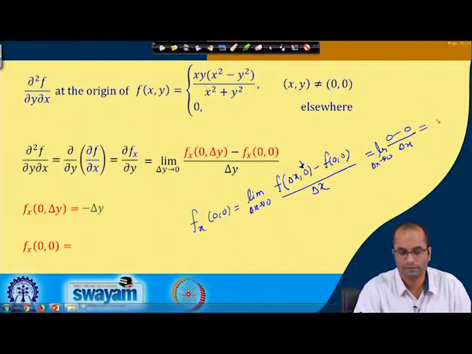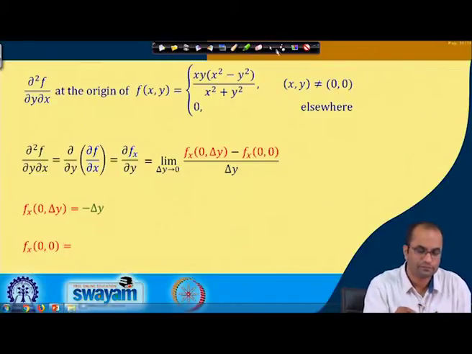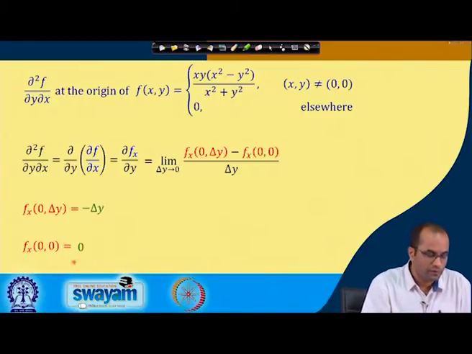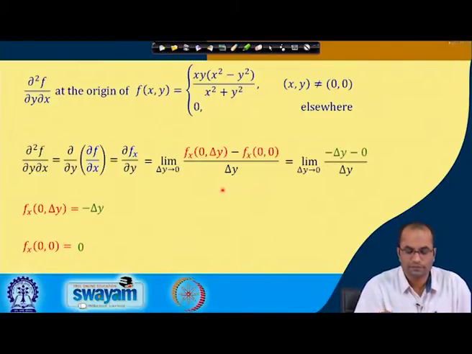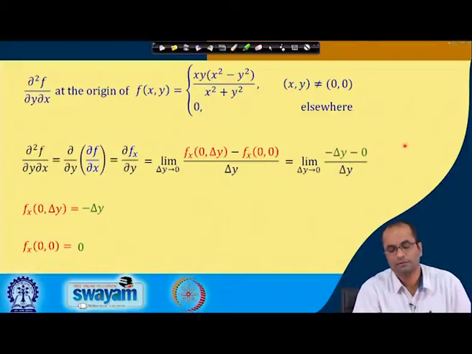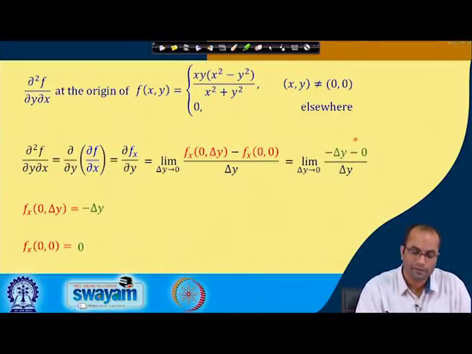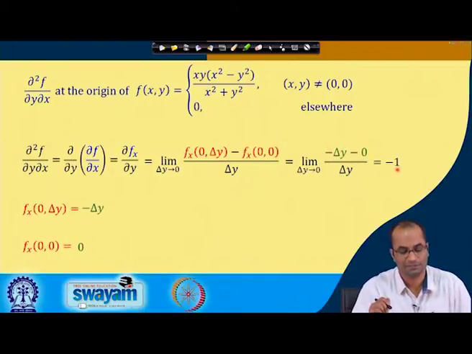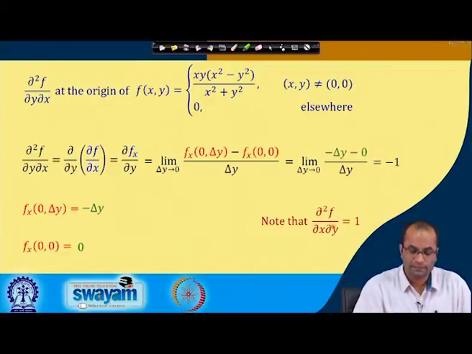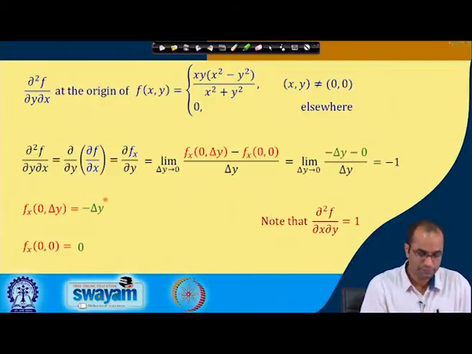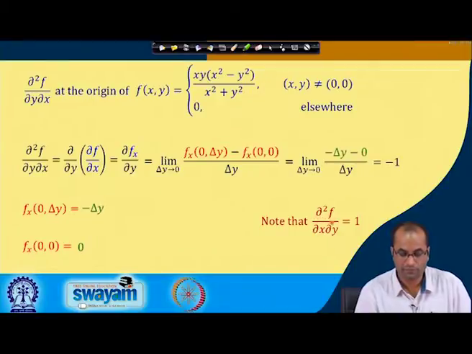So, we have here again this 0. So, we got this 0. Now, we will substitute here. So, minus delta y minus 0 over delta y, and in this limit, this delta y gets cancelled, and we will get minus 1.